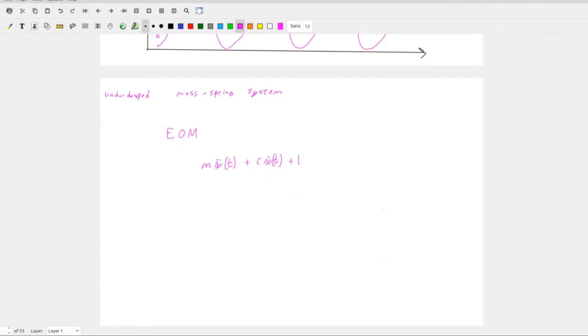Plus k x of t is equal to capital Phi of t. Right, so we're going to add damping to this. Again, our first step is to take the Laplace of both sides.